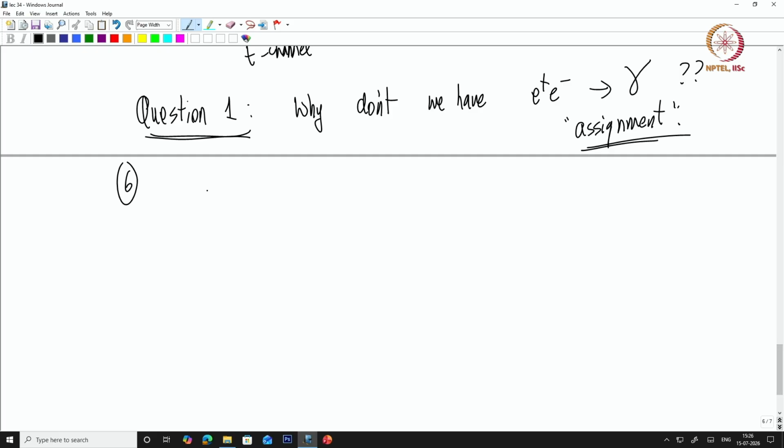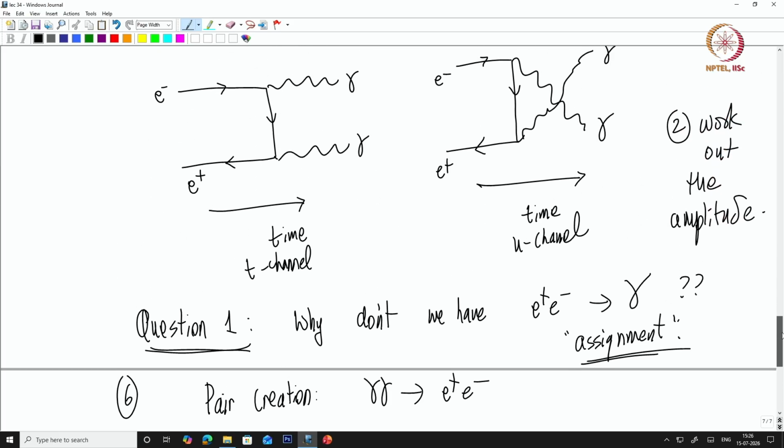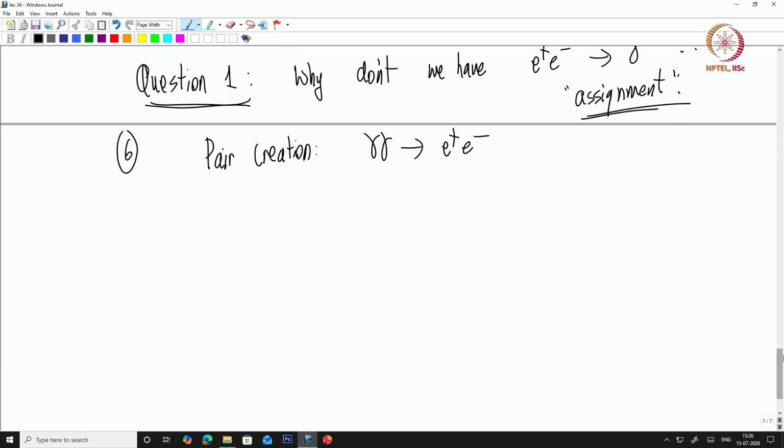Now let us look at pair creation. In this case 2 photons come in and create an electron positron pair. Now you see the diagrams would be just opposite to this. So 2 photons come in, this is an electron, and then an electron and a positron.